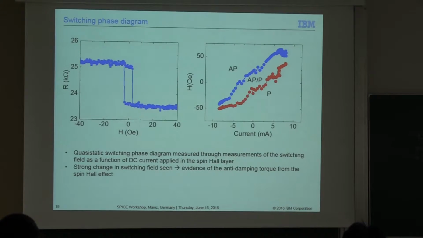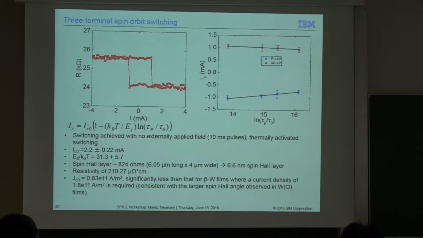And after that, we turned off the field, and then we looked at whether we could switch the magnetic tunnel junction completely just by current. And we are able to do that. You can do this as a function of various pulse lengths, and this is in what is called the thermally activated regime of the MTJ switching.